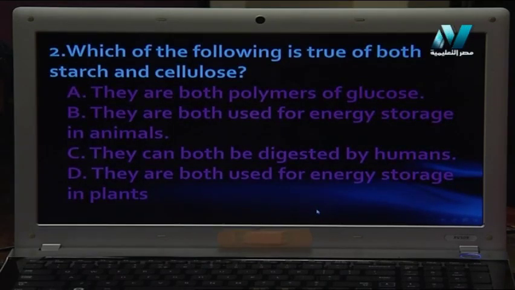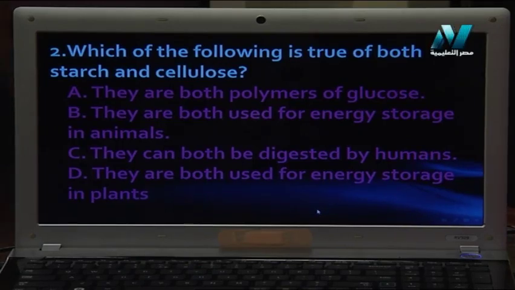Second question. Which of the following is true of both starch and cellulose? They are both polymers of glucose. They are both used for energy stored in animals. They can both be digested by humans.